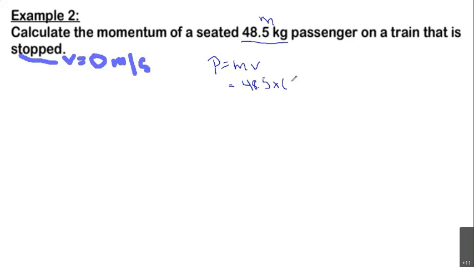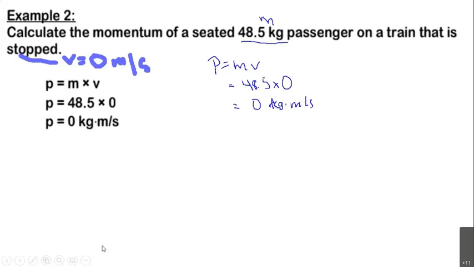So if the mass is not in motion, aka the velocity is 0, then the momentum is also 0. Okay? Exactly.